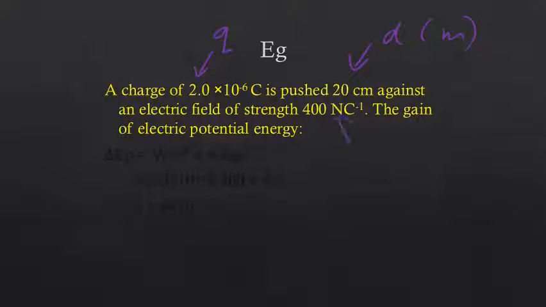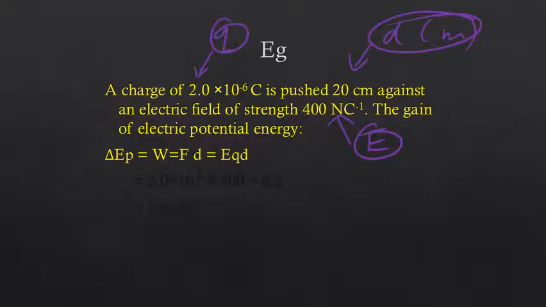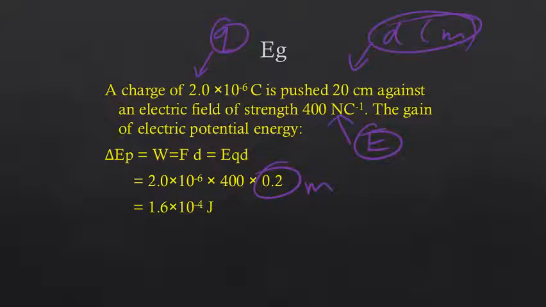And you've got an electric field strength of E. So delta E P, the change in potential energy, is going to be work, which is force times distance, which is E times Q times d, which is 2 times 10 to the negative 6 times 400 times 0.2, remembering to convert that into meters. So the answer is 1.6 times 10 to the negative 4 joules, and that's our answer.